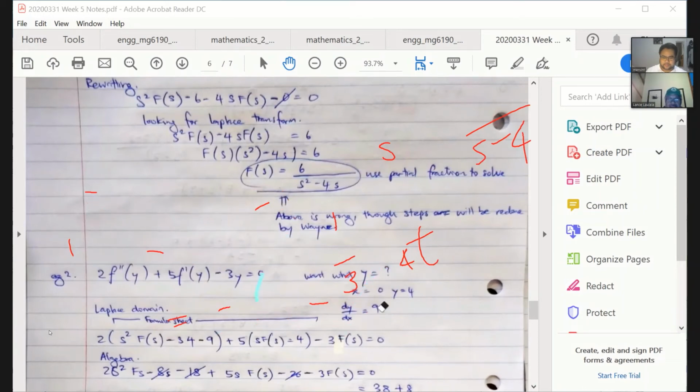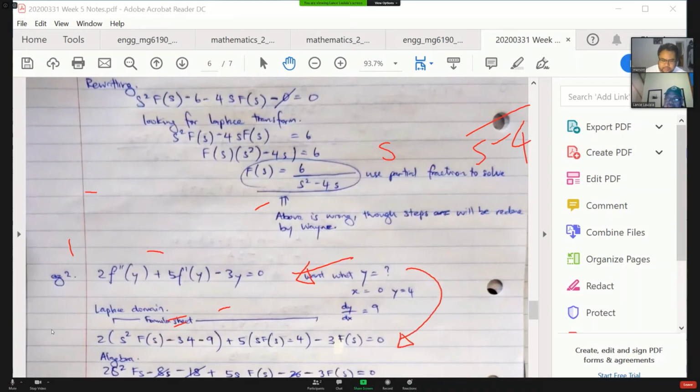Let's use the next example. First step, can you see my red writing? Substitute it using the Laplace transform equivalent of the double derivative and the single derivative. That's the first step.